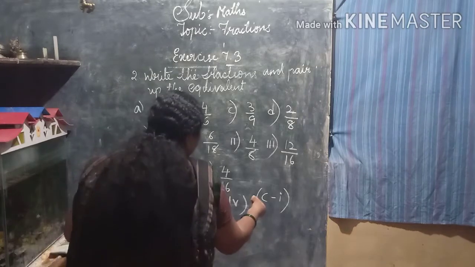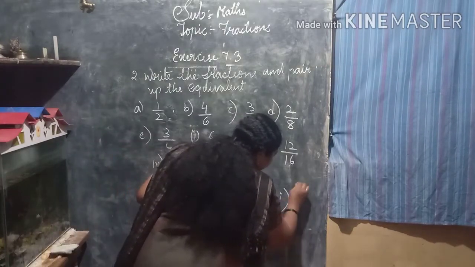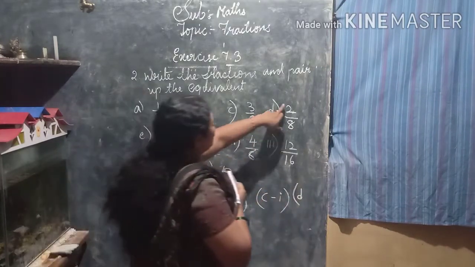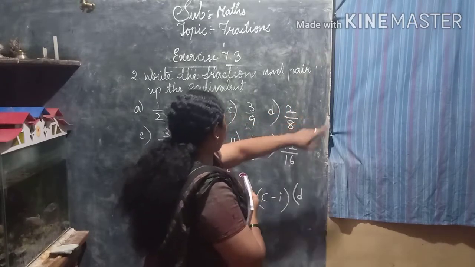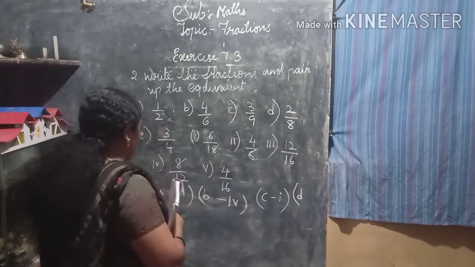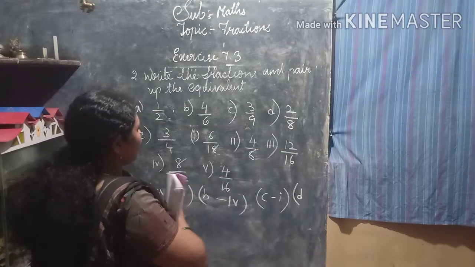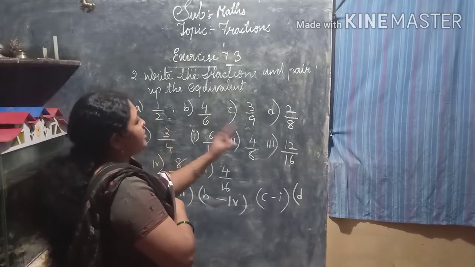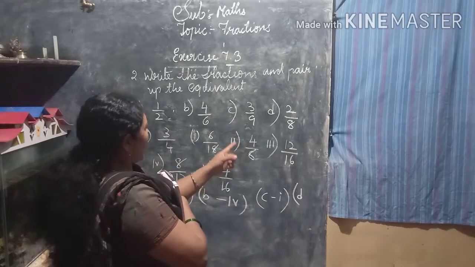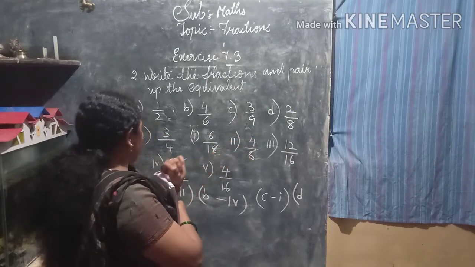So next, if you see D, what is D? D is 2 by 8. In this 2 by 8, try to multiply by 4. 4 by 16. Do you have 4 by 16 anywhere? No. Multiply by 3. You will have 6. And 8 3s are 24.